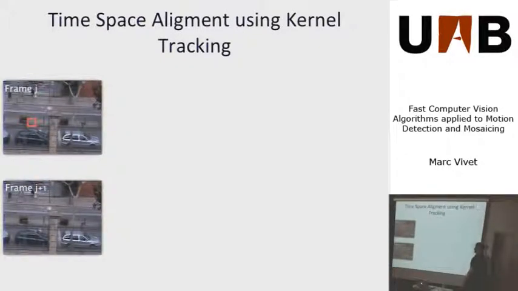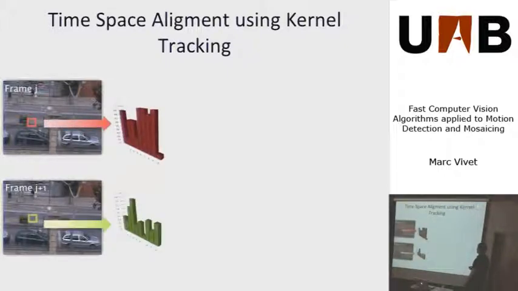So again, we are using kernel tracking in order to find the different epipolar lines. And in this case, we use the trajectory of the epipolar lines to compute the slope of each epipolar line.